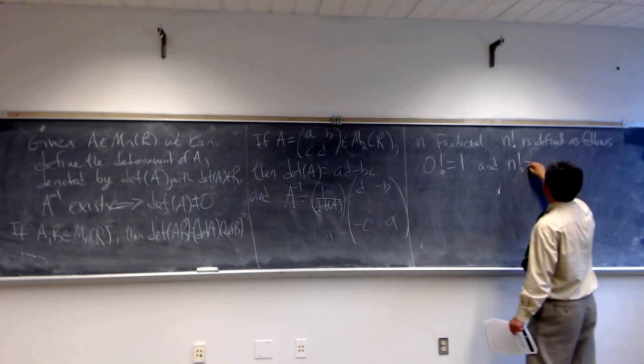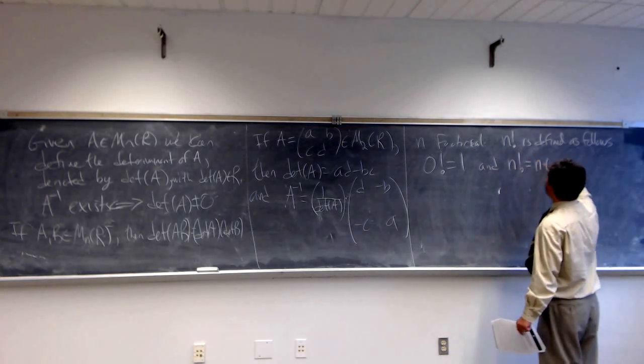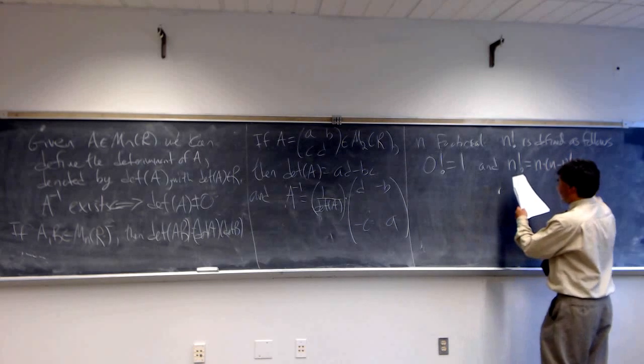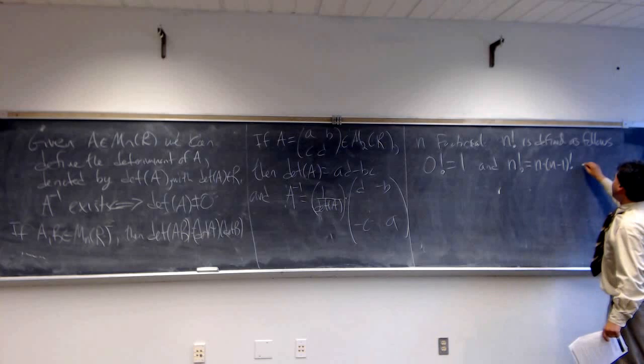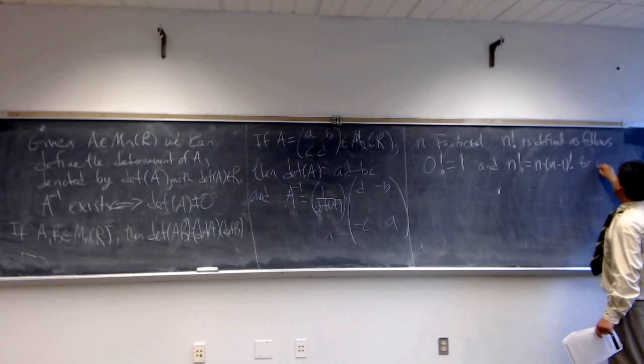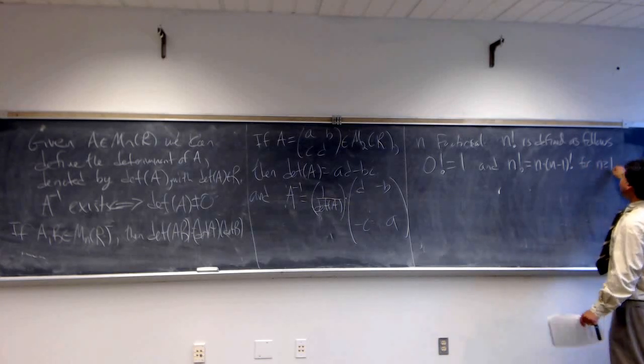And n factorial is n times n minus 1 factorial, for n greater than or equal to 1.